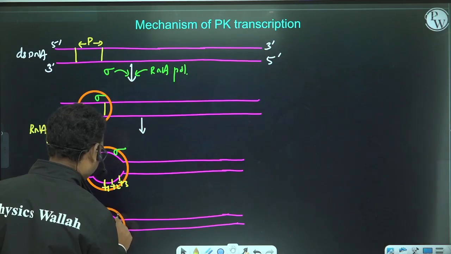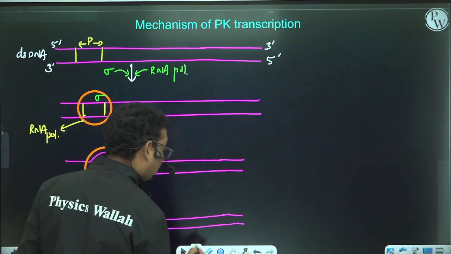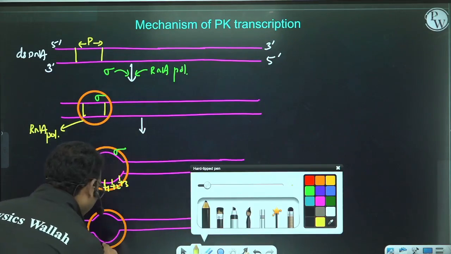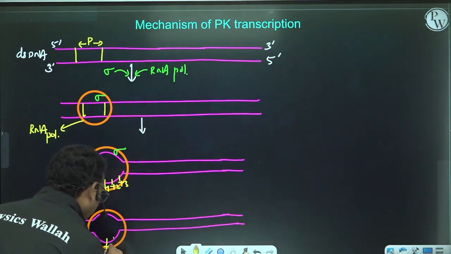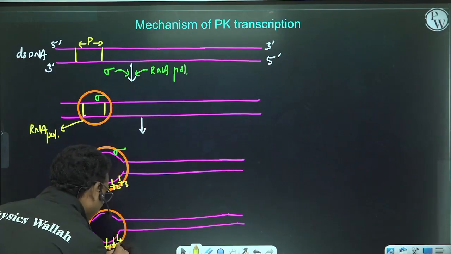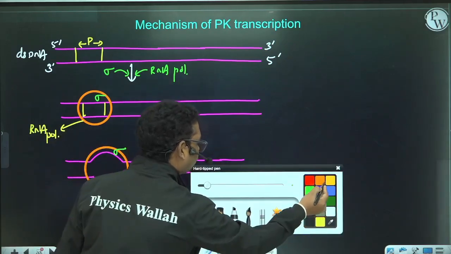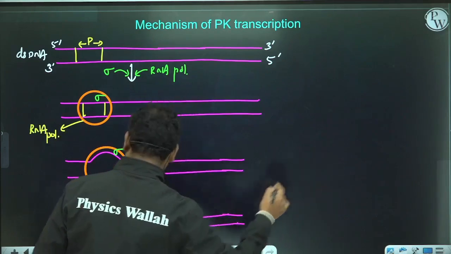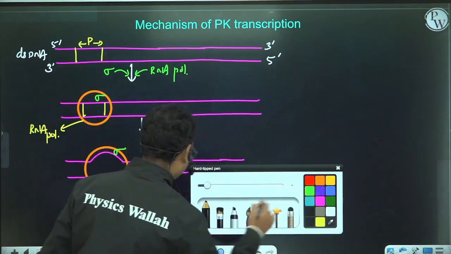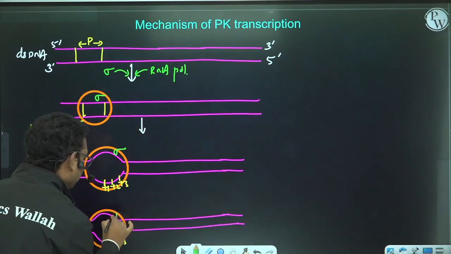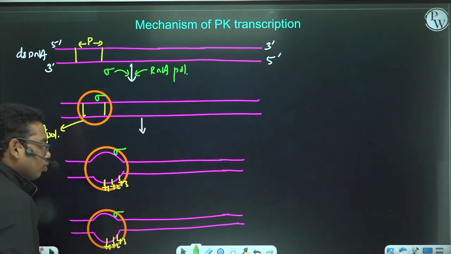Suppose at +1, +2, and +3 sequences, here I am having the sigma factor also.